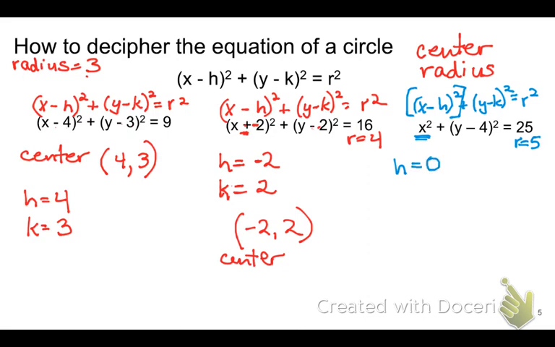If I turn h into 0 and subtract it from x, all I have is x, and I square the x and come up with x squared. So when the variable, either x or y, is all by itself, the h or the k has to be 0. Now let's look at our k. We have a minus sign in the middle, so everything's cool, and our k has to be equal to 4. So our center is at 0, 4.